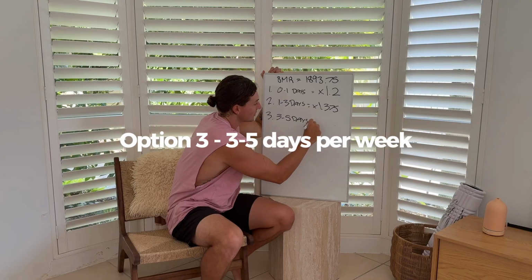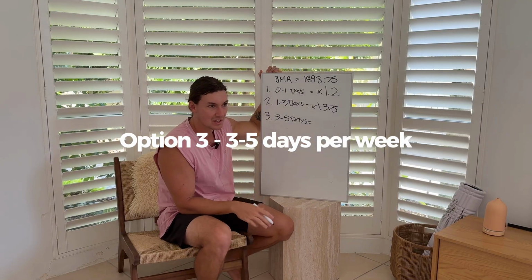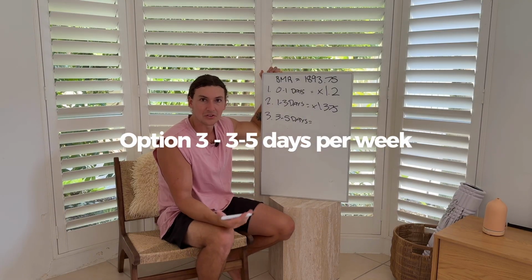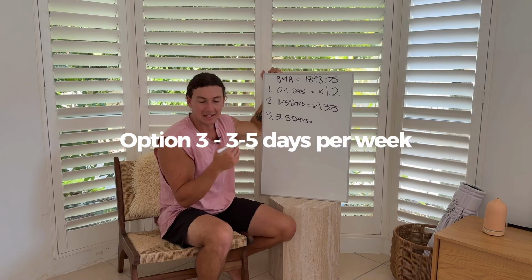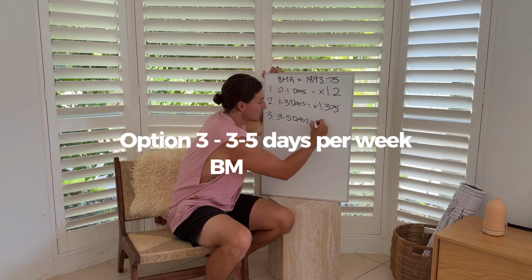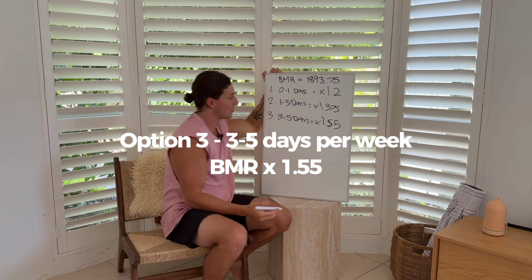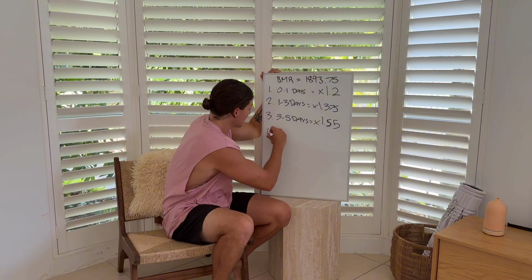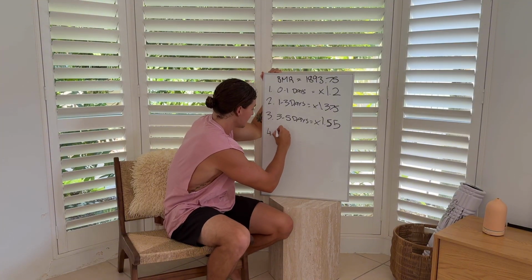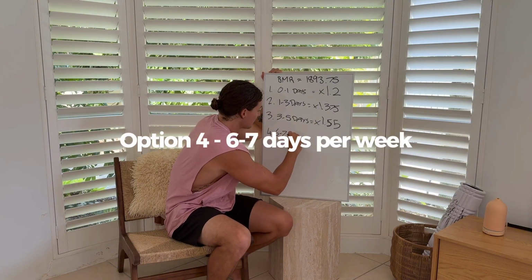I'd say this is fairly intense exercise, not very hard, but you're doing weights every day or something like that. If that is the case, then you times this by 1.55.